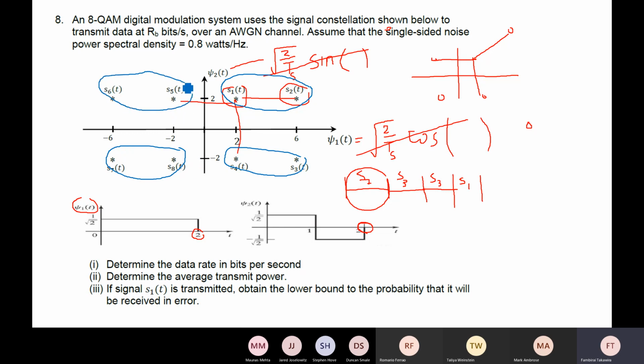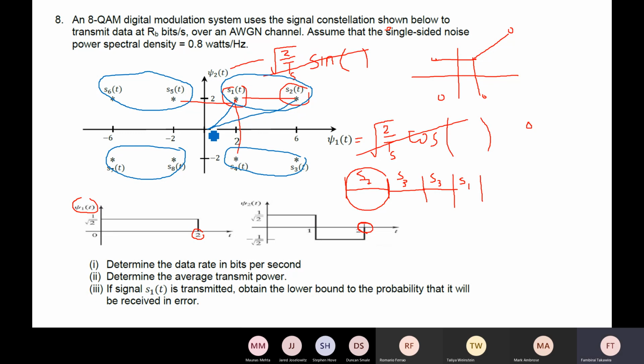So if we wanted to find the average energy and then correspondingly the average transmit power, we can find the energy of each of these 8 signals, add all 8 energies together and then divide by 8. But because of the symmetry that we have, we can reduce the computation by simply finding the energy of S1 and the energy of S2, adding the 2 together and dividing by 2.